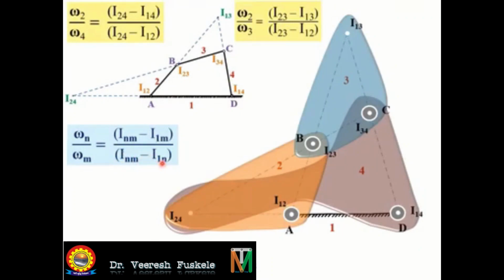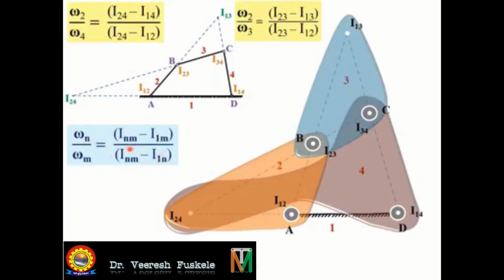As we are seeing the velocity of any instantaneous center, whether it is on link 2 or on link 4, or if we are considering I13, whether it may be on link 2 or link 3, we are always finding the velocity of the instantaneous center with respect to the fixed link, that is taken as 1.